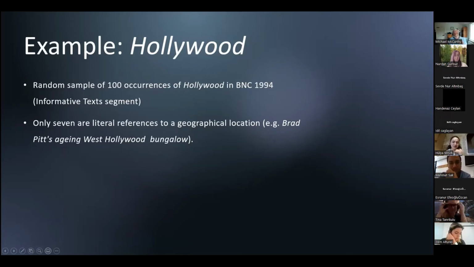So Hollywood is a suburb of Los Angeles, but only 7 out of 100 actually use the word Hollywood to refer to the place. So here's one example: Brad Pitt's aging West Hollywood bungalow. So this is a literal reference to the house in the suburb of Hollywood where the film star Brad Pitt lives.